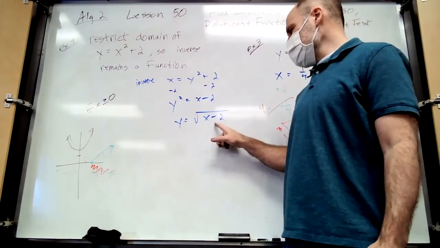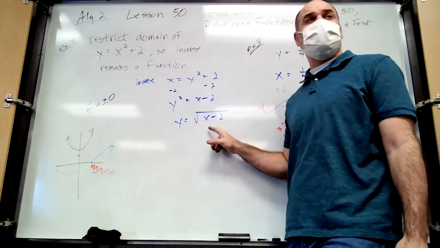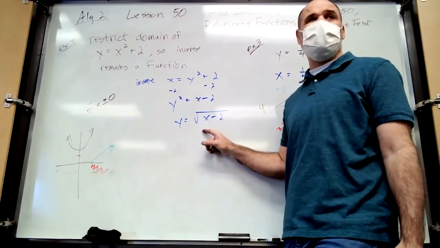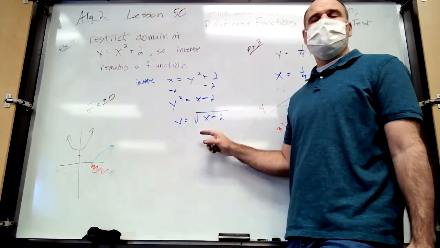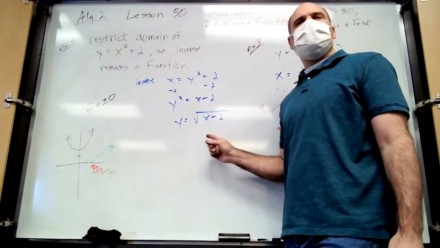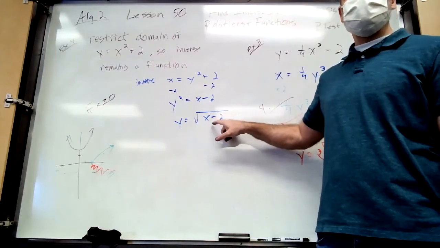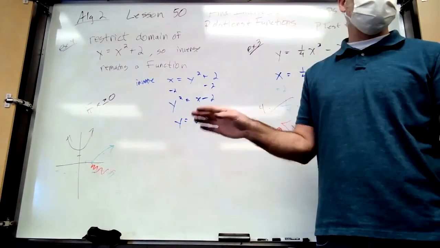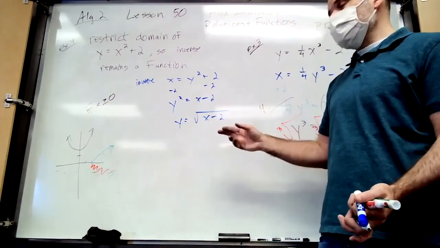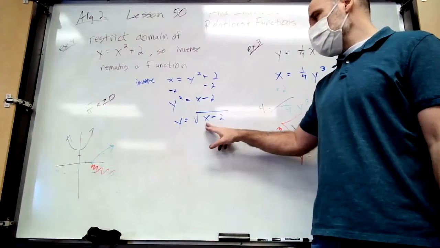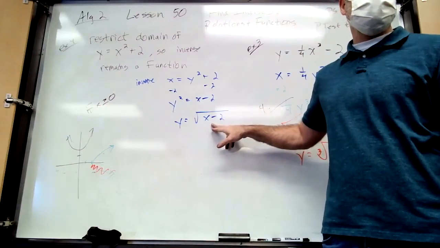Negative 72 minus 2 is negative 74. Can you take the square root of negative 74? No. Let's get a little closer. What if x was 0? If x is 0, that would be negative 2. Square root of negative 2, still a negative. So 0 doesn't work. 1 doesn't work. But 2 would give you 0. Can you take the square root of 0?